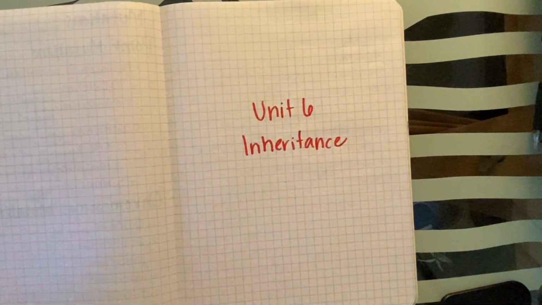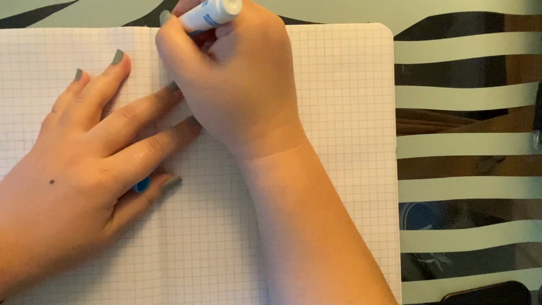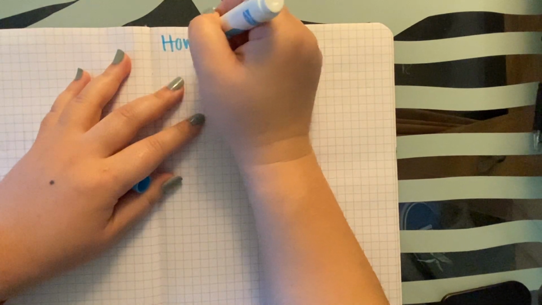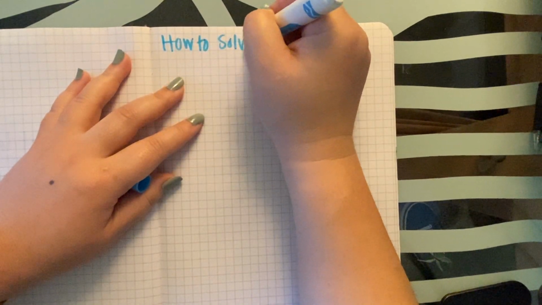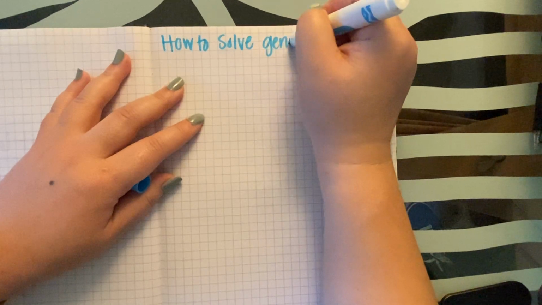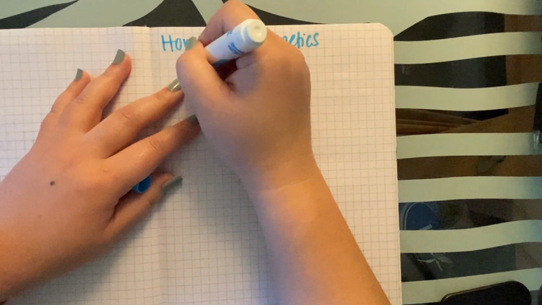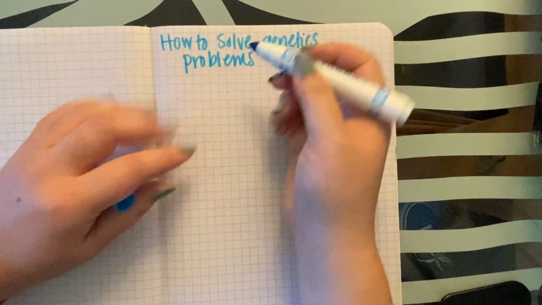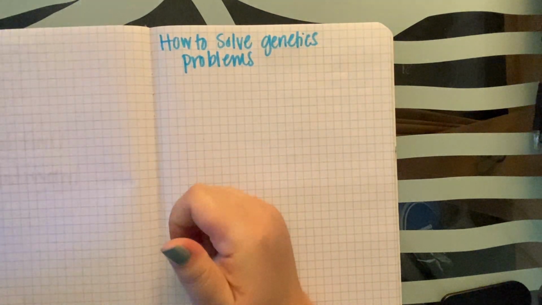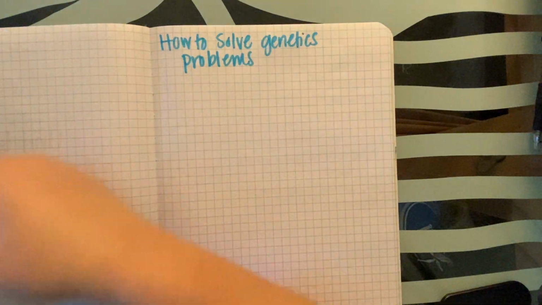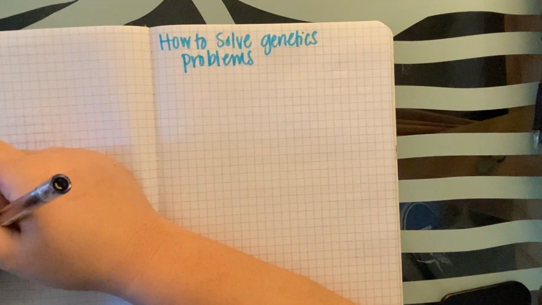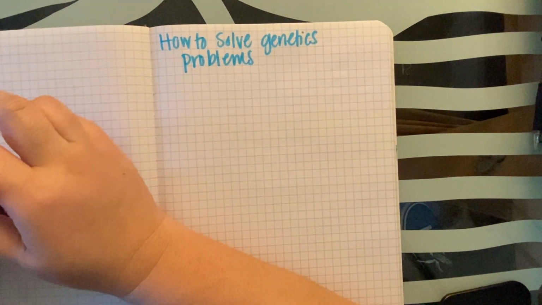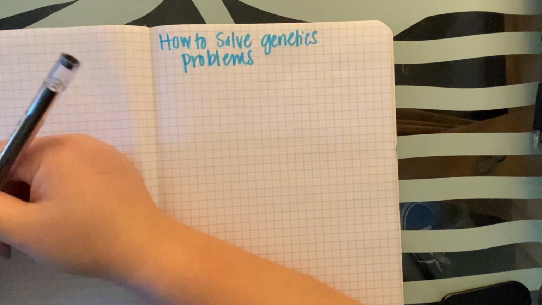Okay, flip the page. So we're gonna go into how to solve genetics problems. Okay, so in the problem, they will tell you if it's simple dominance, codominance, incomplete dominance, multiple alleles, stuff like that.